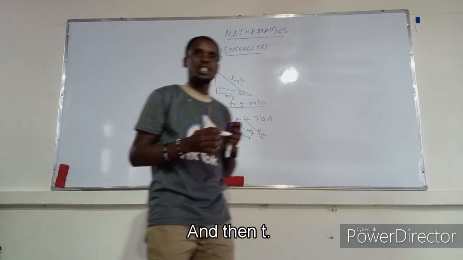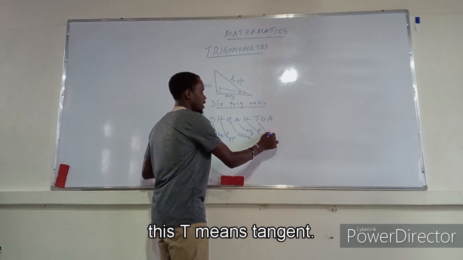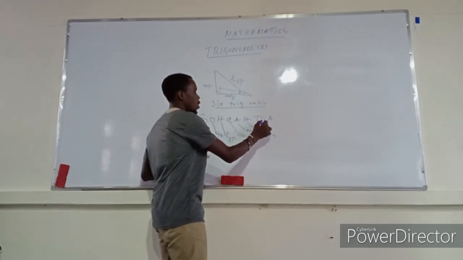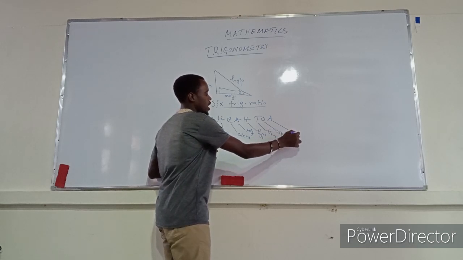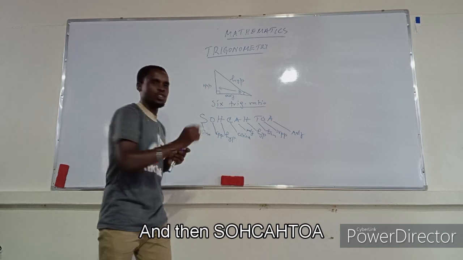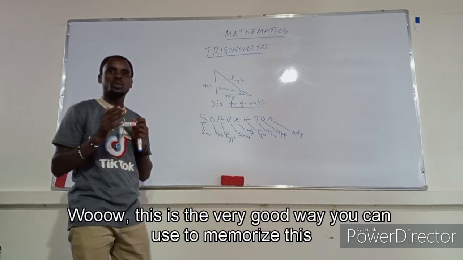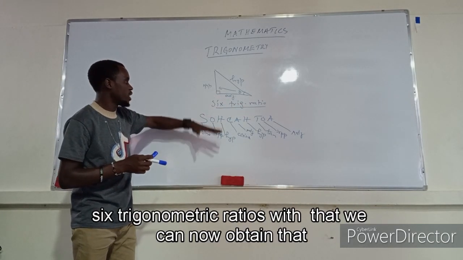And then T in our mnemonic means tangent. The tangent of the angle is equal to the opposite side over the adjacent side. SOHCAHTOA, this is a very good way you can use to memorize these trigonometric ratios.